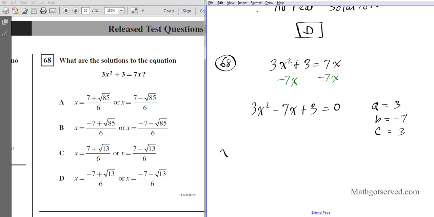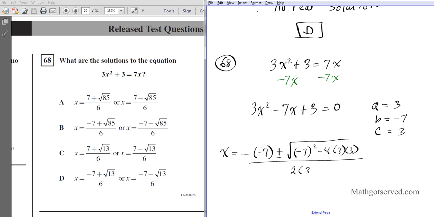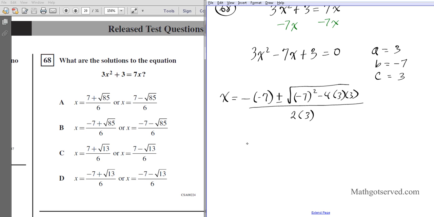So if I plug it into the quadratic formula, we're going to have negative B, negative negative 7, plus or minus the square root of B squared minus 4AC, and the whole thing divided by 2A. Okay? All right, let's simplify further.